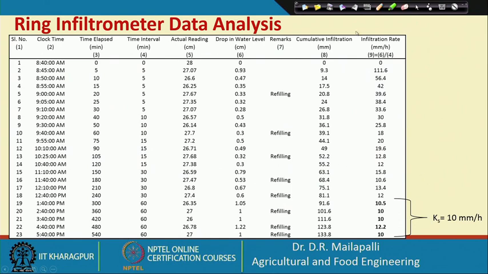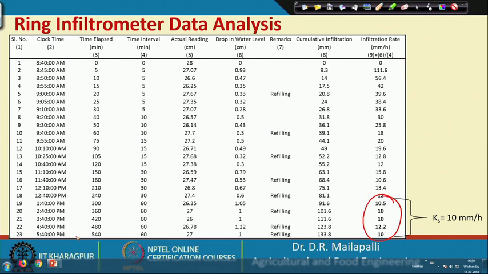This is the ring infiltrometer data, and finally the last points. With time, if you see, that is K s here, 10 mm per hour. F is in centimeters per hour, and this is time. If you see, the graph is going to fall, and at the last point the infiltration rate is almost constant. That is equal to K s.